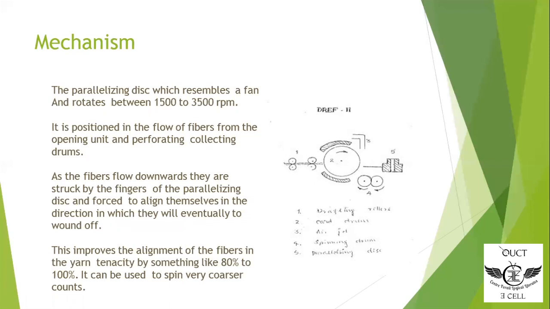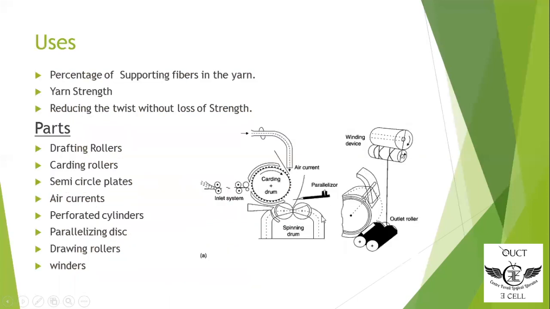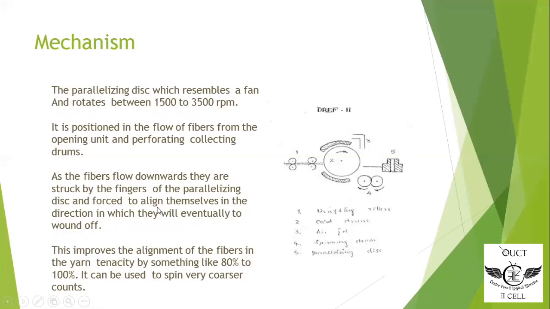After reaching the perforated collecting drums, the fibers reach the parallelizing disc. You can even see it here. Then what happens? The parallelizing disc forces the fibers to align themselves in the direction in which they will be evenly wound off.